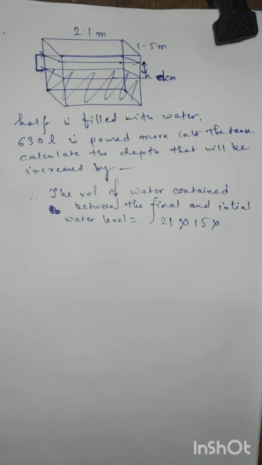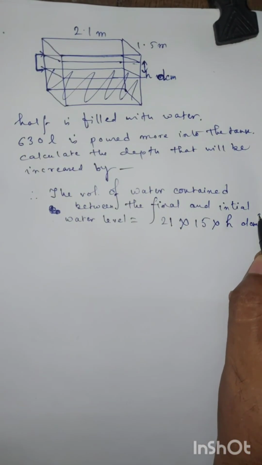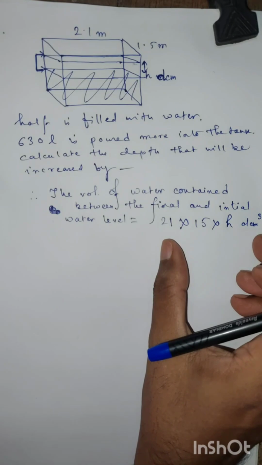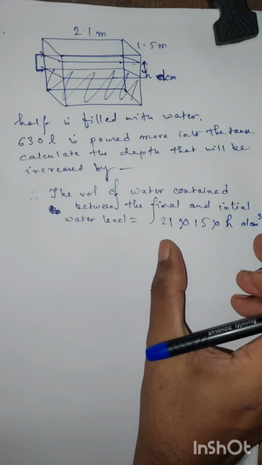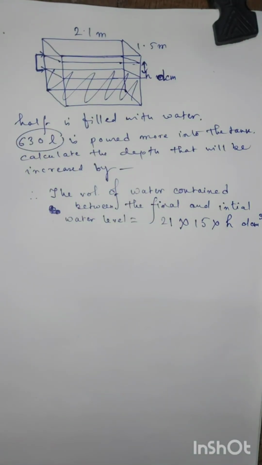So this is decimeter cube. This volume is actually equal to this volume. So we can equate these two volumes.